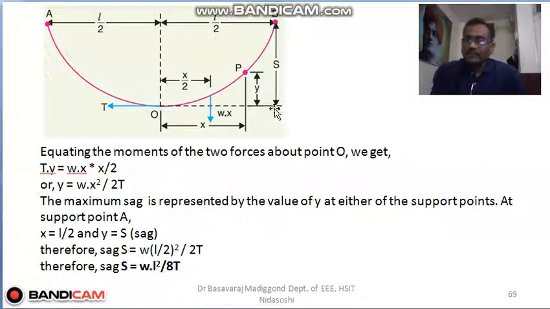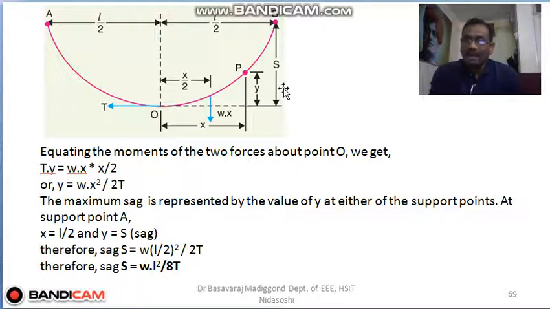So now Y is W X square by 2T. This Y represents the sag of portion OP.